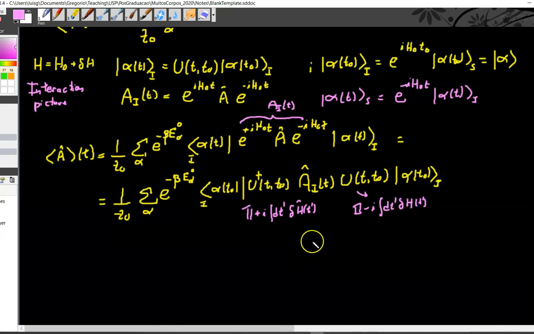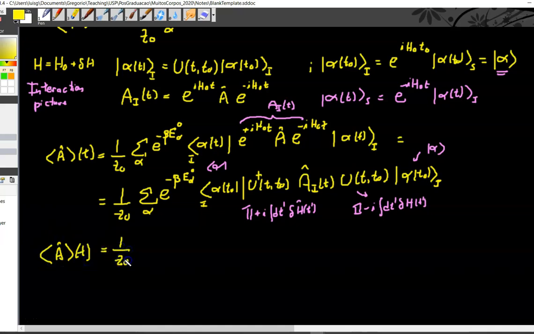So to first order in delta H, what we have is this. So first, let's remember that these guys are alpha, and this is bra alpha. We just found that. So let's go one step further. One step further is to first order in delta H. This is going to give me what?